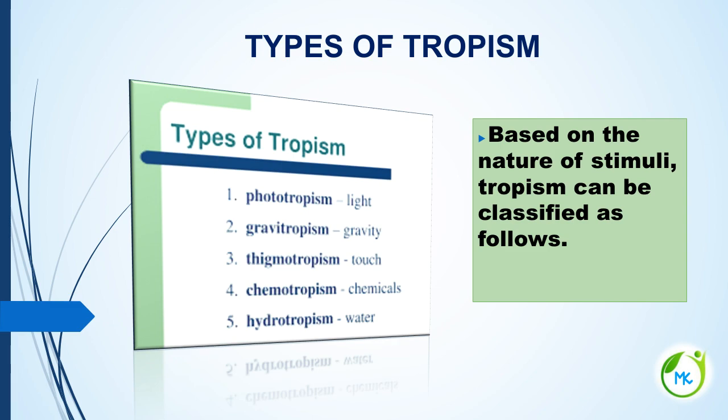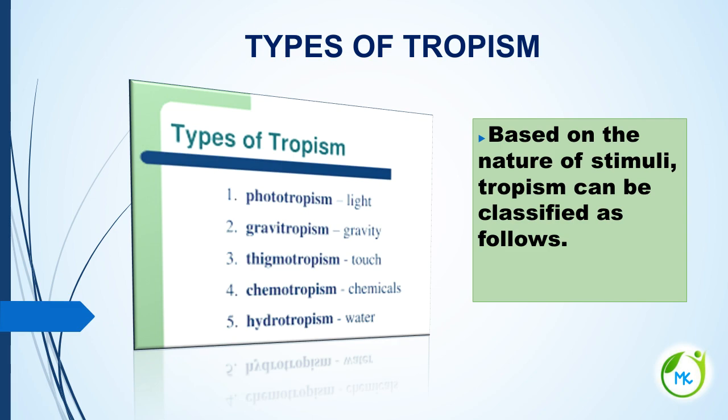When the plant exhibits its movement towards gravity, such tropic movement is called gravitotropism, otherwise referred to as geotropism. So in this lesson, we will learn this as geotropism.